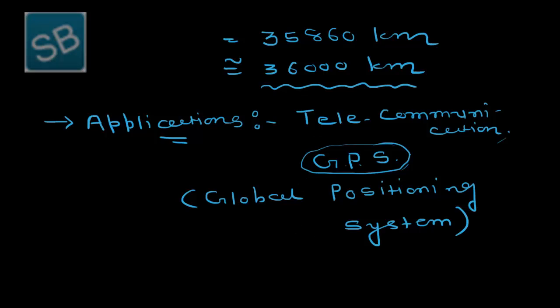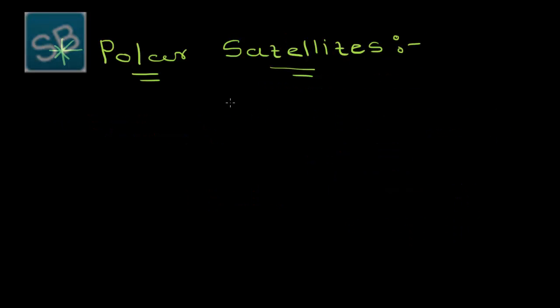Now we will see another kind of satellite, that is the polar satellite. This kind of satellite revolves around the earth in the north-south direction.